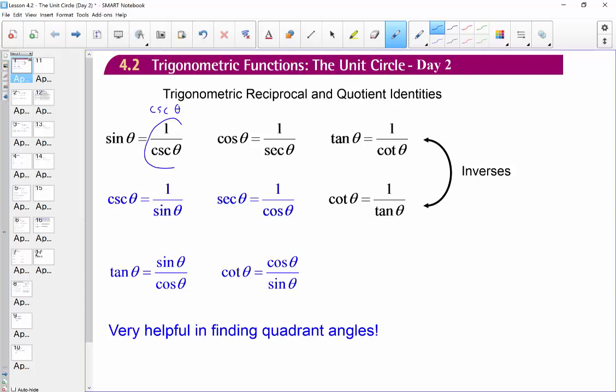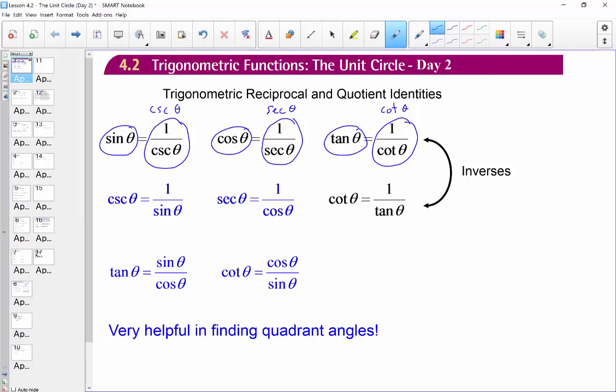For example, if we wrote 1 over the cosecant of theta, that would give us sine of theta. Similarly, if we were given the secant of theta, and we took its inverse, 1 over the secant of theta, the answer would be the cosine of theta. And with the tangent, if we were given the cotangent of theta, wrote its inverse, the result would be the tangent of theta.